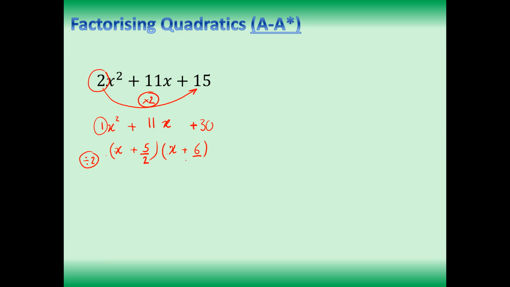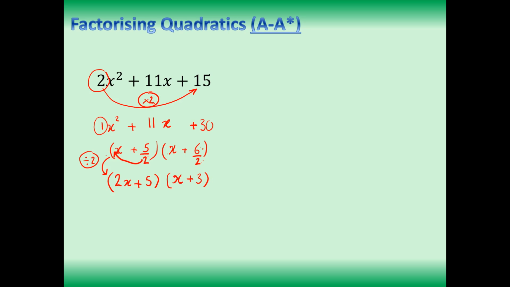This 5 doesn't divide by 2, but the 6 does. Because 5 doesn't divide by 2, I simply put the 2 in front of that x and write 2x plus 5. What I'm doing is just rewriting this multiplication of multiplying these two terms by 2. And because the 6 divided by 2 gives us a round number, 3, we can just write x plus 3 in the next bracket.